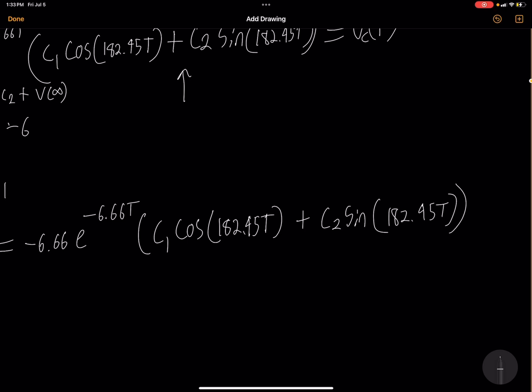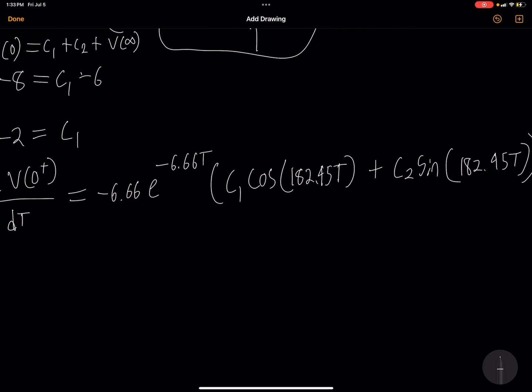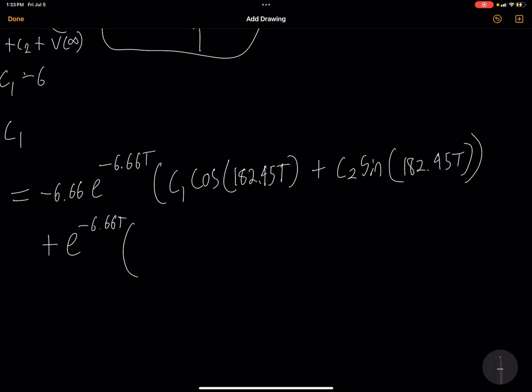Okay. Now for the derivative of this here, we get plus e to the -6.66 t. Now we do the inside. Cosine becomes a negative sine, so negative times the inside here, 182.45 C1 sine 182.45 t.